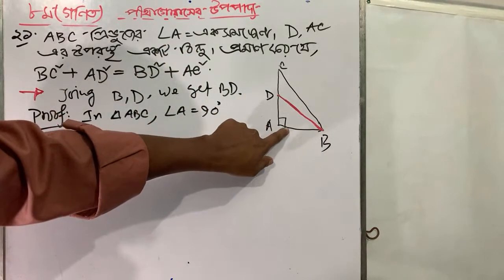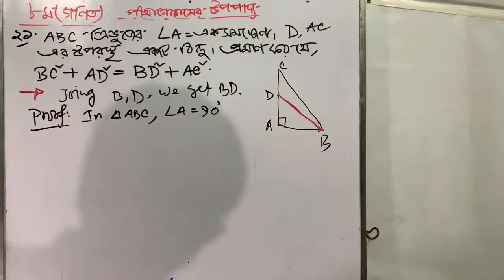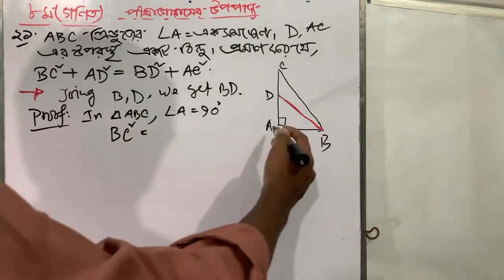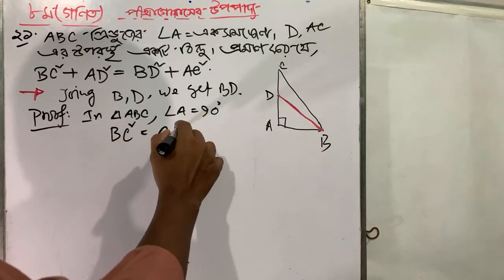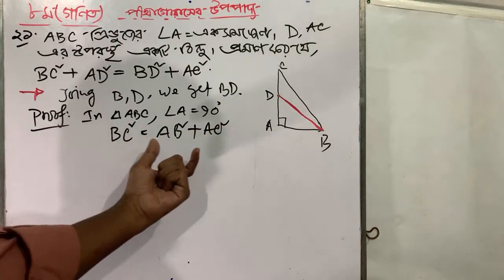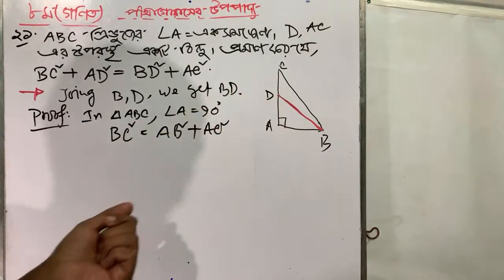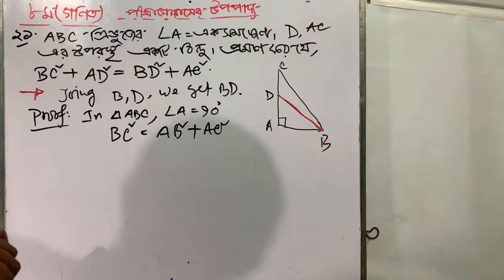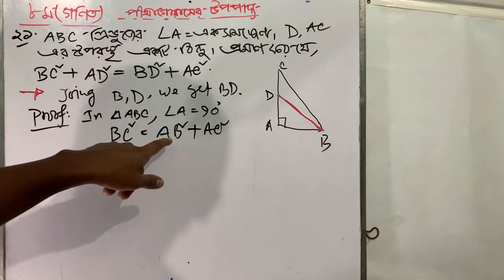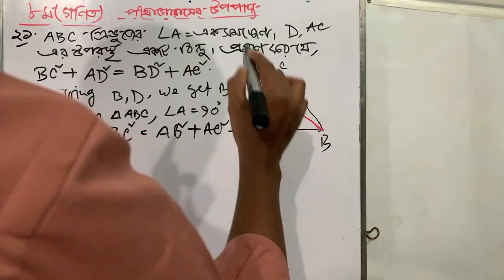So we can say from here that BC square is equal to AC square plus AB square. So BC square, which is the hypotenuse square, is equal to these 2 other sides square. This is from Pythagorean theorem. You should mention that in the brackets. So this is the first equation.